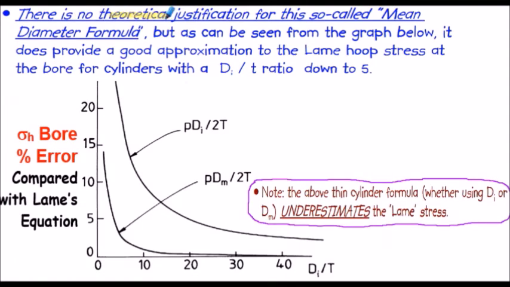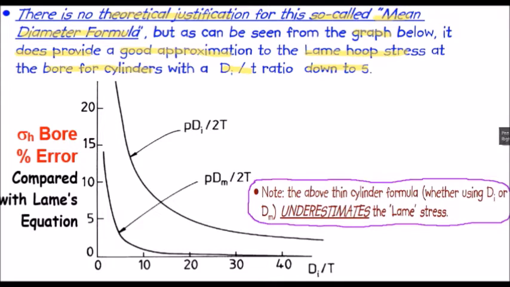There's no theoretical justification for this so-called mean diameter formula, but as can be seen from the graph shown below, it does appear to provide a good approximation to Lamé's hoop stress at the bore for cylinders with a Di upon t ratio down to 5.